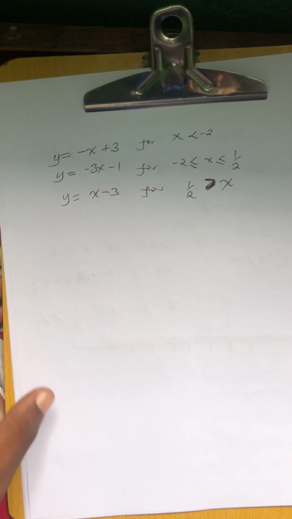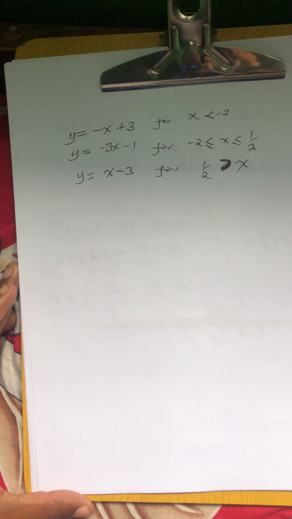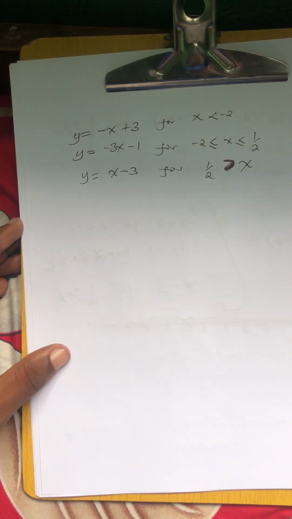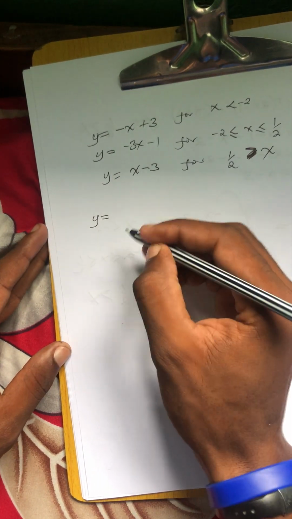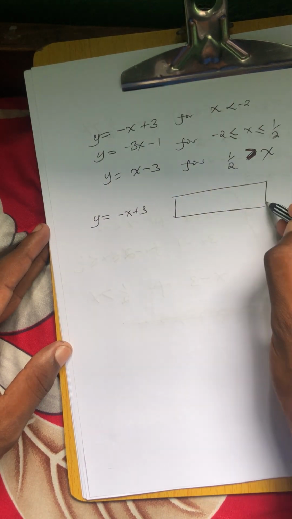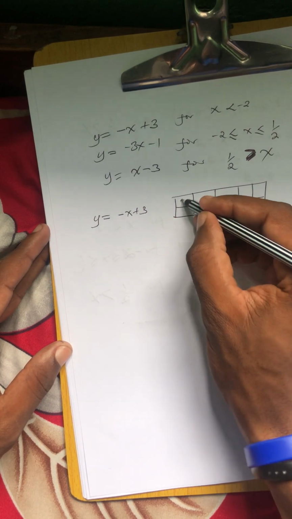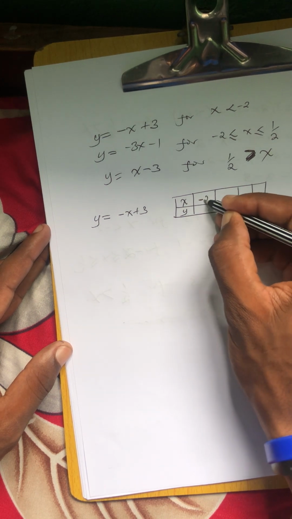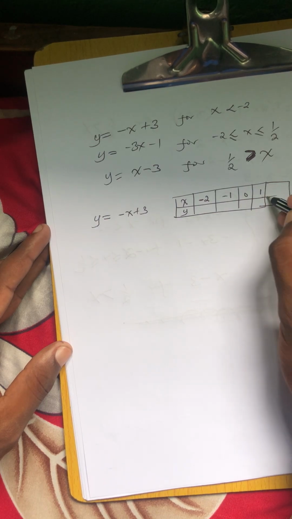Now from there, we'll find the table of values. So for this one, y is equal to minus x plus 3. So just do this: x, then y. Let x be minus 2, minus 1, 0, 1, and 2 there.